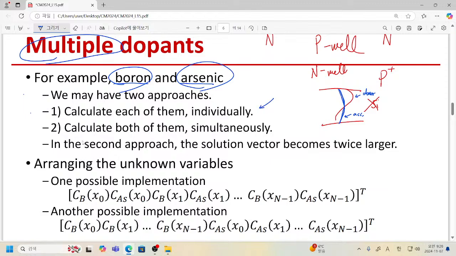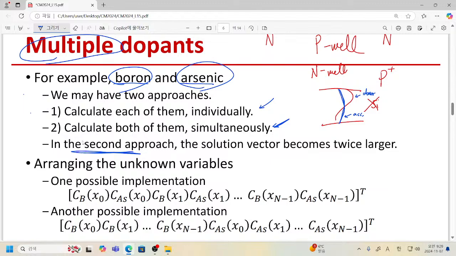In my opinion, as long as they do not interact with each other, it's okay because they are independent. However, in many cases, they affect each other, so we must consider a coupled system of these two species. In this case, the second approach means that we are solving the diffusion of these two species simultaneously.